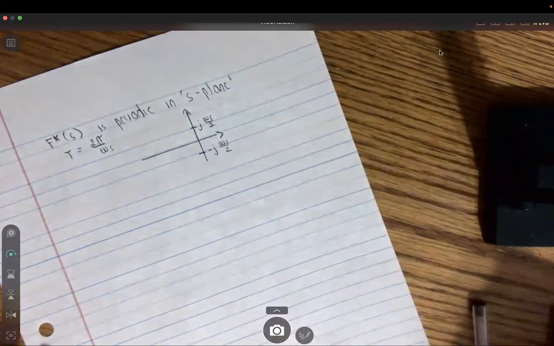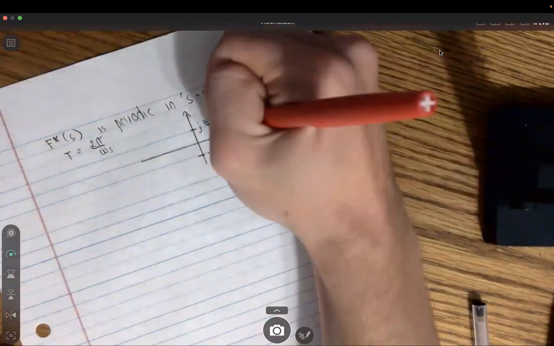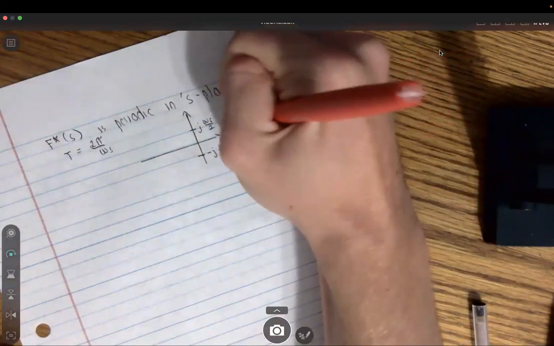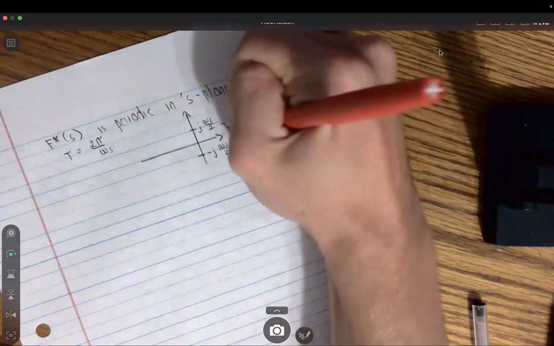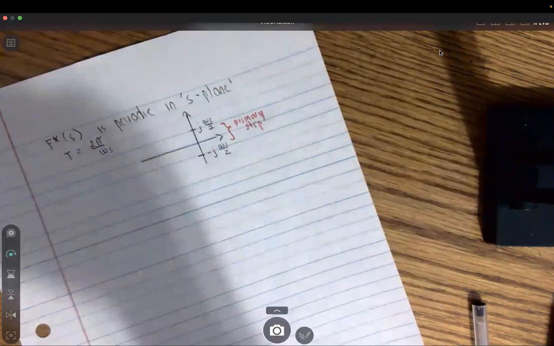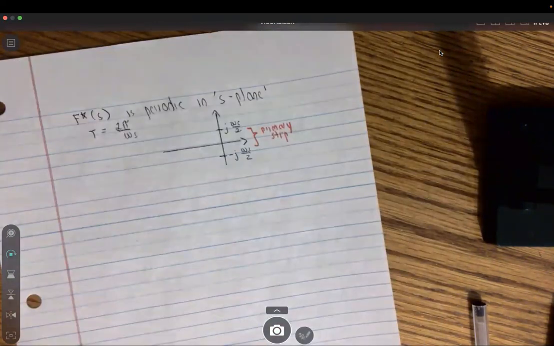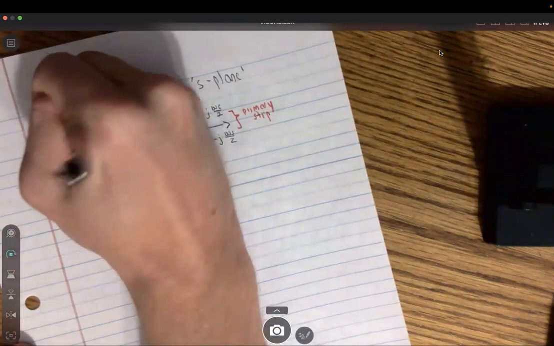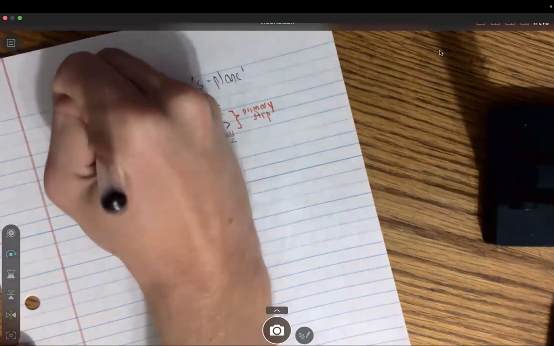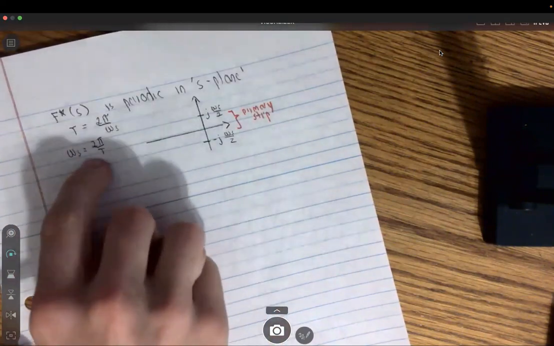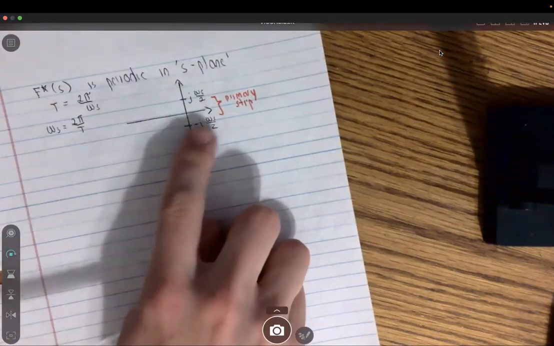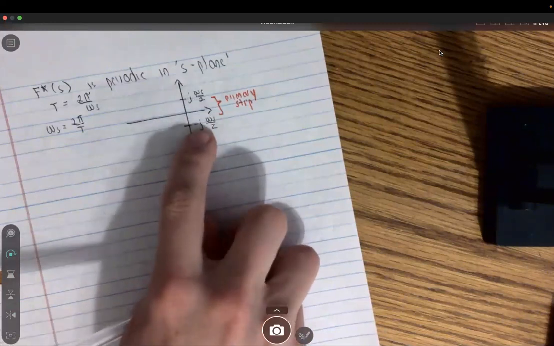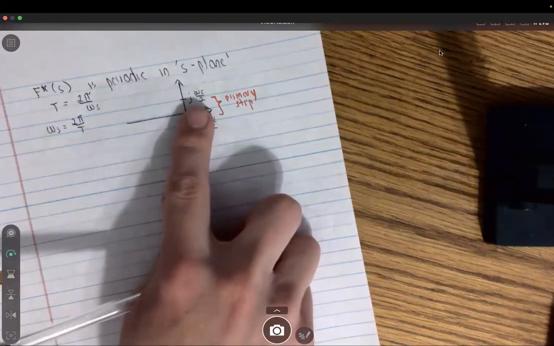This is referred to as the primary strip. It's the primary strip because everything is just a repeat of your primary strip. So that's what you need to know: everything gets repeated. If you're solving for omega s here, you would get omega s equal to 2 pi all over T. So our primary strip occurs from negative j omega s over 2 to j omega s over 2.